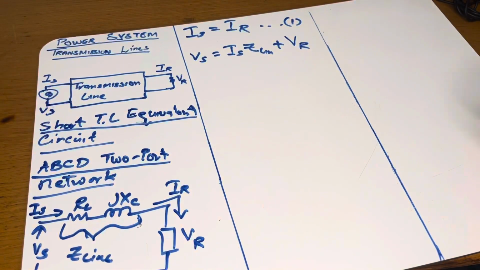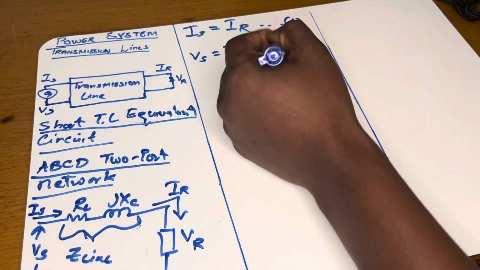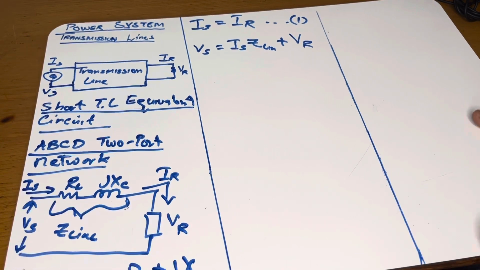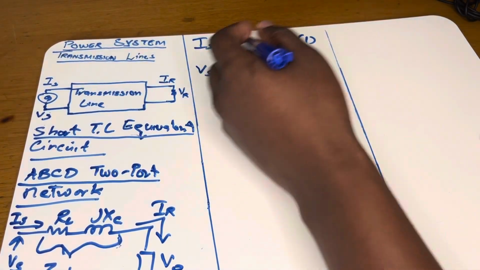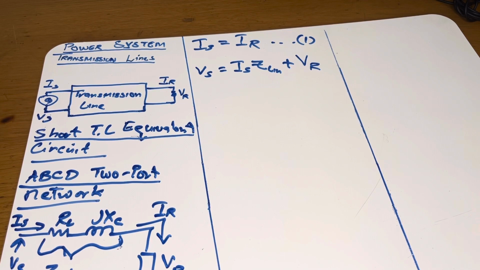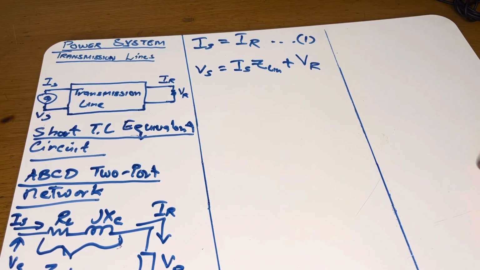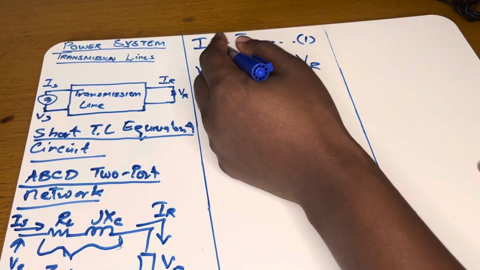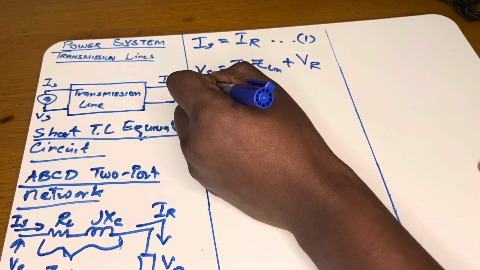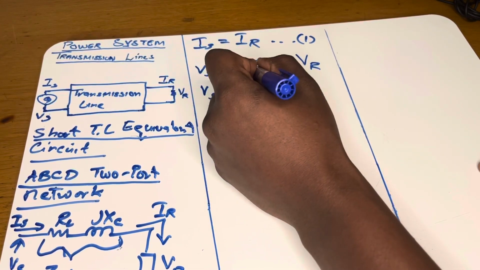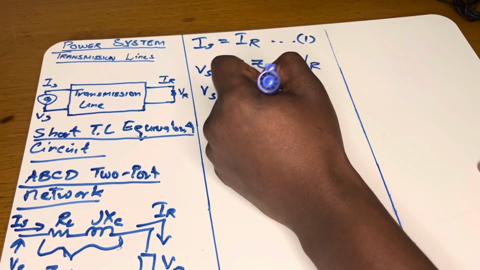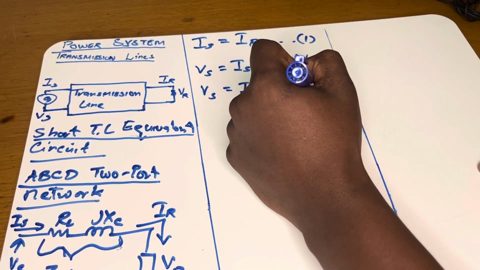We are doing this in terms of voltages. This is the voltage drop on the line. This is actually Kirchhoff's voltage law. The sum of the voltages should be 0. Now we know that IS is equal to IR, so we substitute IR in place of IS, giving IR Z line plus VR.